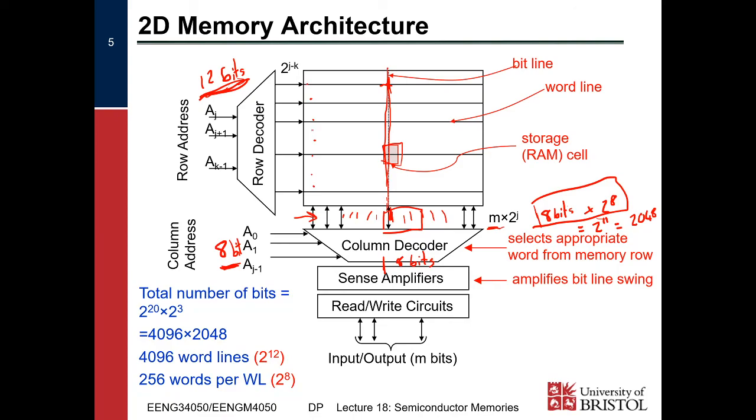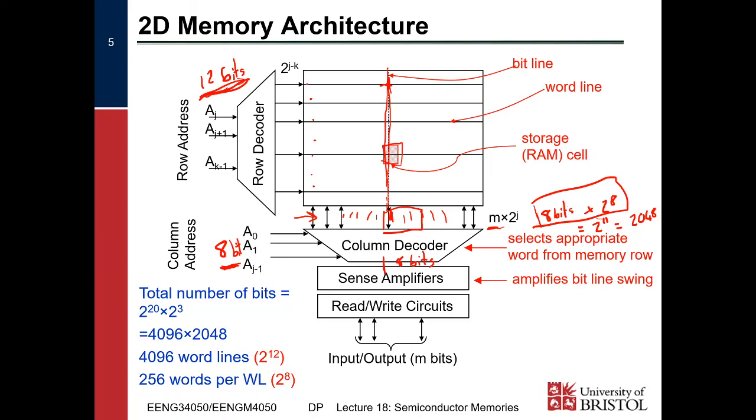Does that answer it? In each row, you have 2 to the power of 8 entries, and in each entry, you have 8 bits, which is a word. In each column, you have 2 to the 12 entries, right?